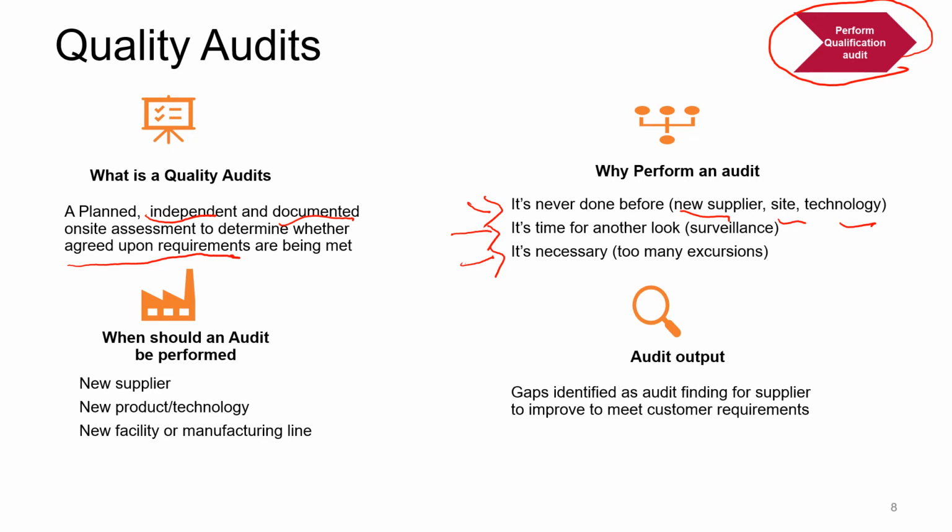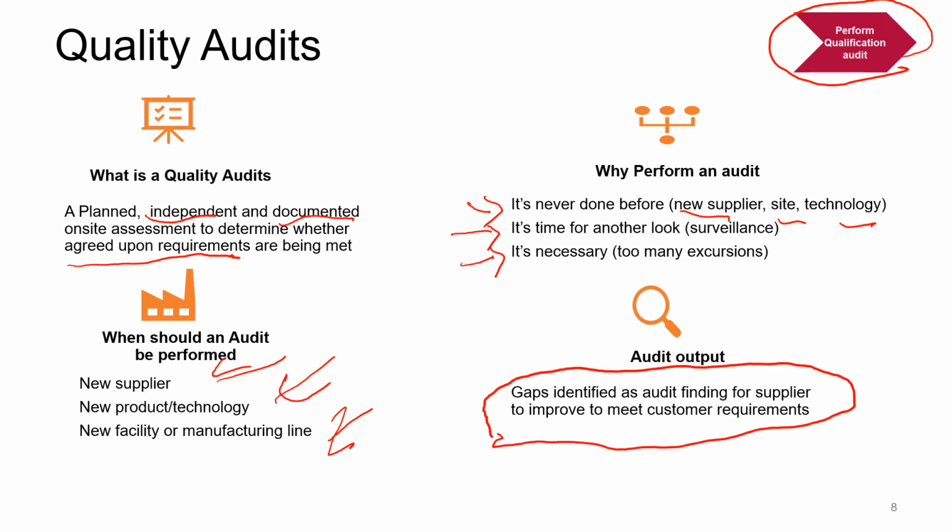Usually the audit is performed when there are new suppliers, new products, or a new manufacturing line, and the audit outputs should be the gaps identified from the audit itself for the suppliers to improve and meet your requirements.